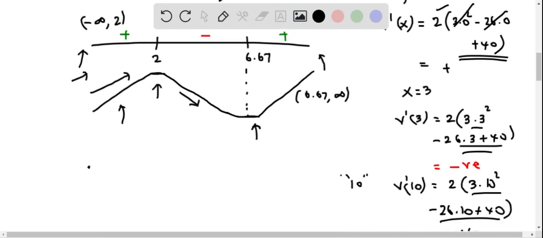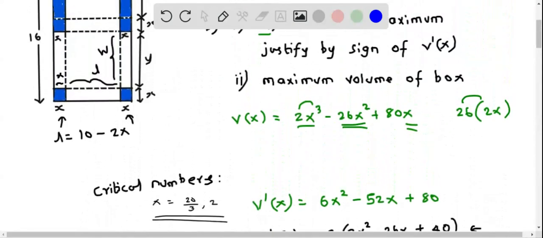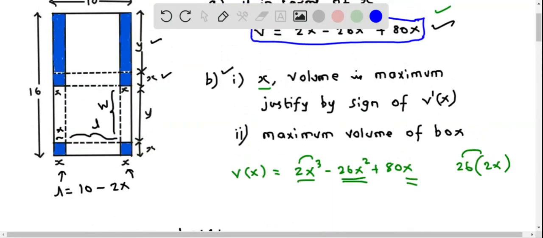So we can now say that when x equals 2, the volume is maximum. And we have shown this using the sign of v prime of x. And so we have answered the part B1. That is, we have determined the value of x where the volume is maximum, and we justified this by sign diagram. Now let's find the maximum volume.